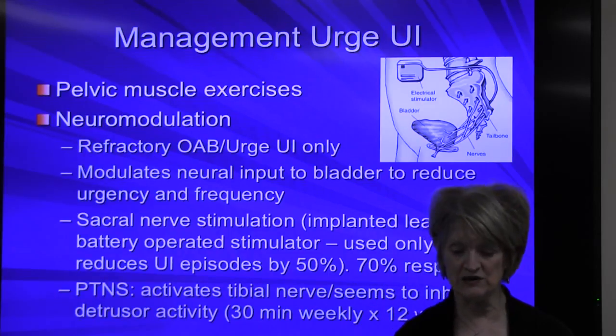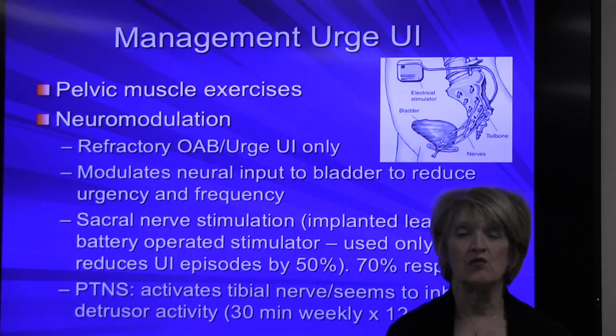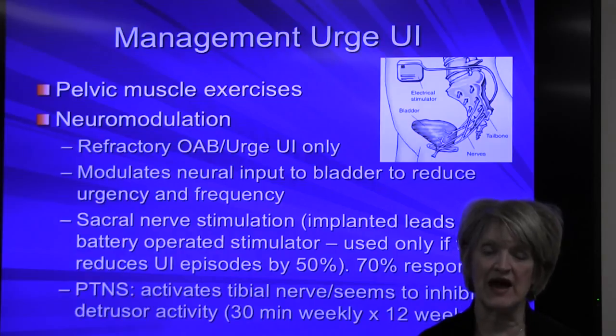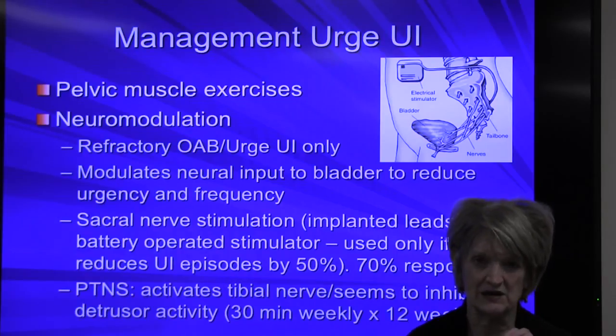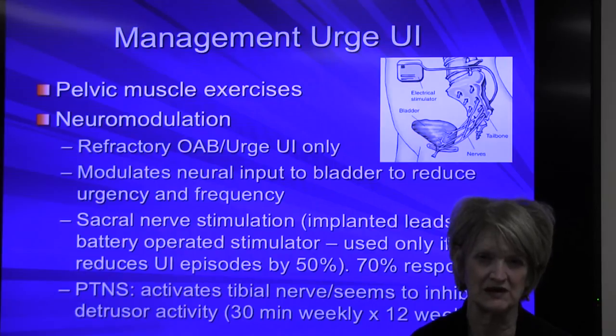So the last thing I wanted to mention as a treatment strategy for overactive bladder and urge incontinence is neuromodulation. What do we mean by that? Well, this is therapy that actually modulates the nerve impulses to the bladder. And what is it that makes the bladder contract? Well, it's nerves, specifically parasympathetic nerve pathways that control bladder contractility.